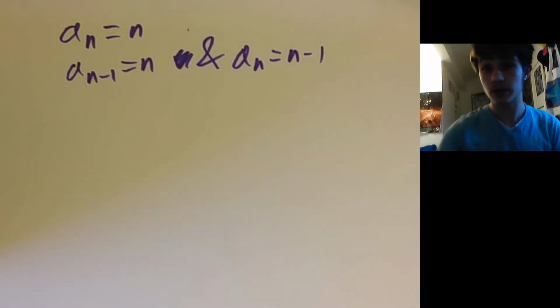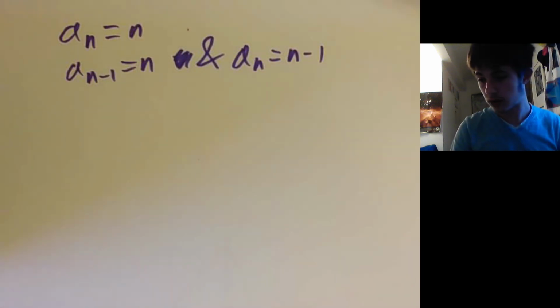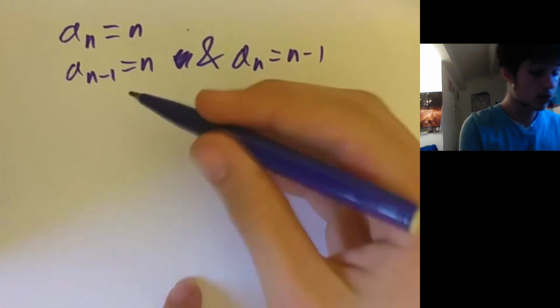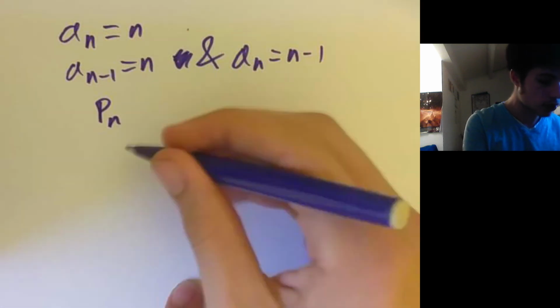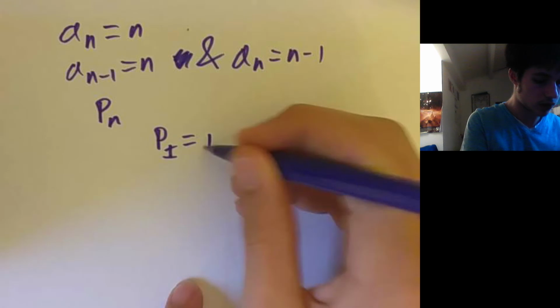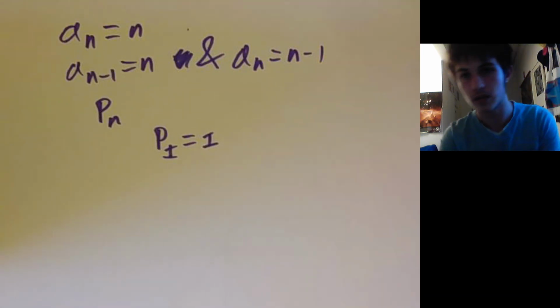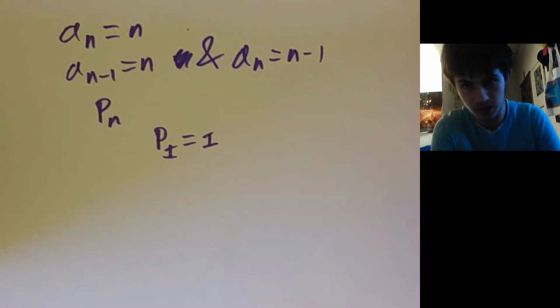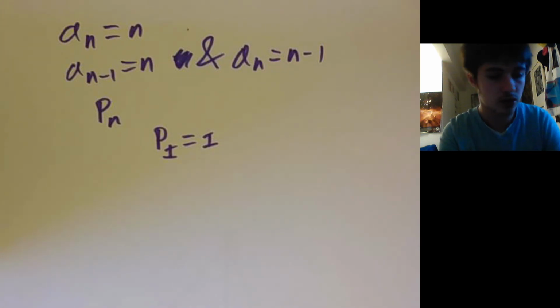But it turns out we're quite far, because if we call the number of permutations that satisfy the equation p sub n, we can just calculate p1 will be equal to 1. If you have just the single element 1, you can only permute it in one way. And obviously it satisfies the equations, because then there are no equations.